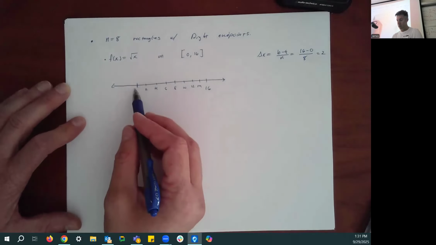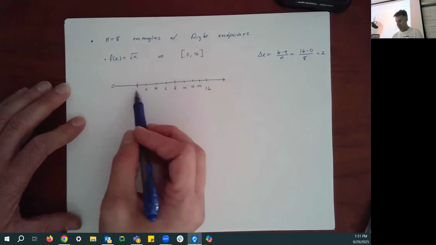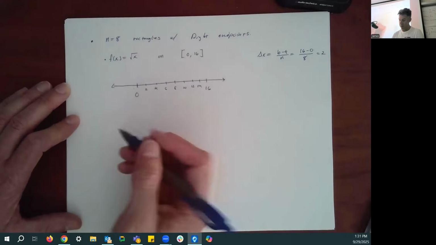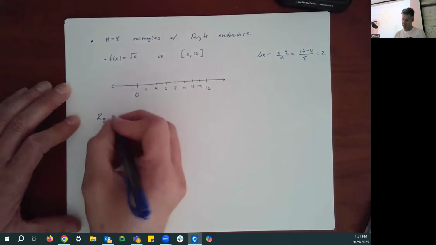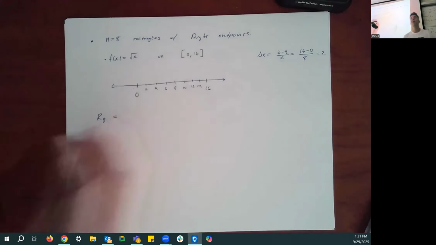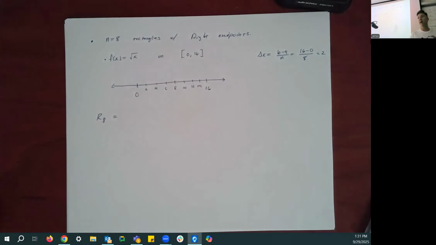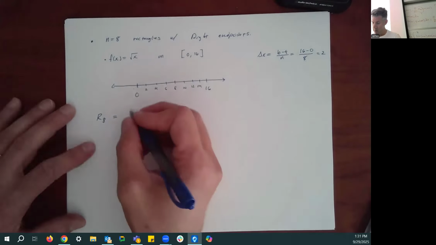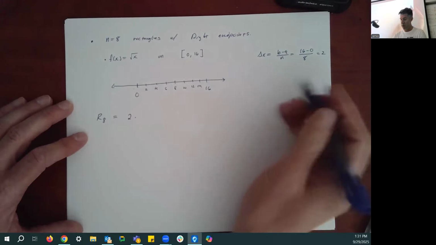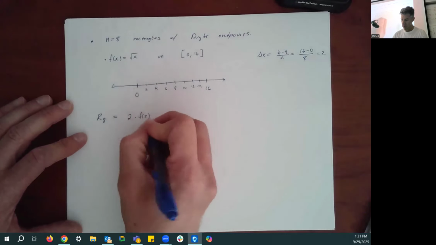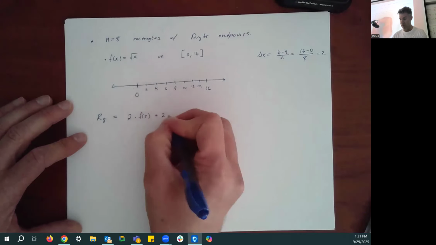So if we're using right endpoints with our 8 subintervals, we're just going to do the following. Our estimate of the area using 8 right endpoints is going to be my base times my height, plus my base times my height, plus my base times my height, and so on, 8 times. My base is 2, so it's 2 times f of 2, plus 2 times f of 4.